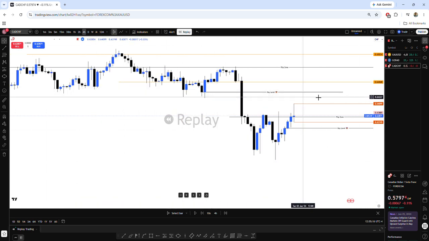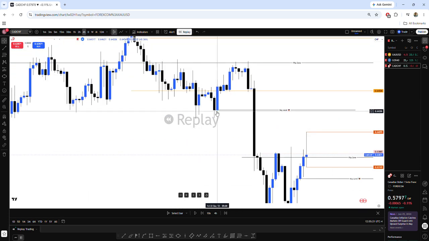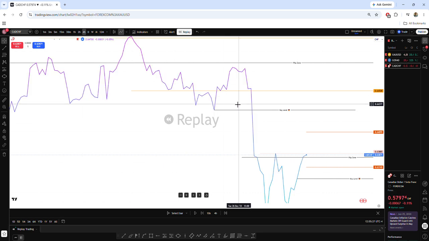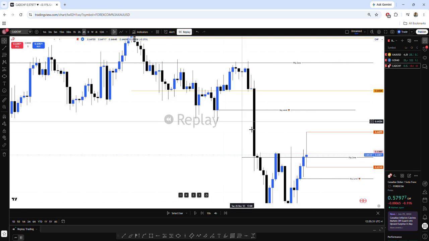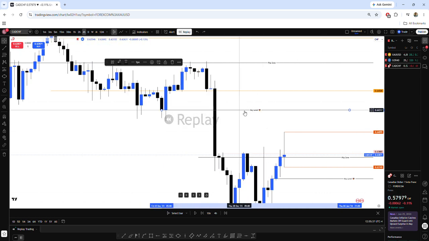This is also some sort of a flip zone, because we can see that from here price, I mean, we had this V-shaped resistance, like if I can show you, you can see the V-shape, and then we see price breaking and closing below.